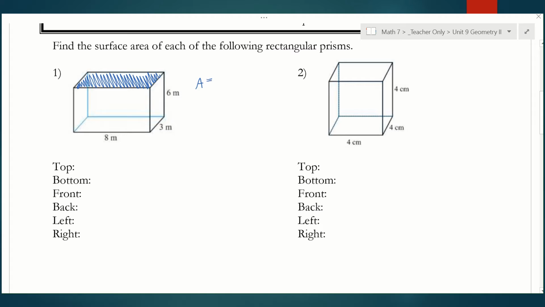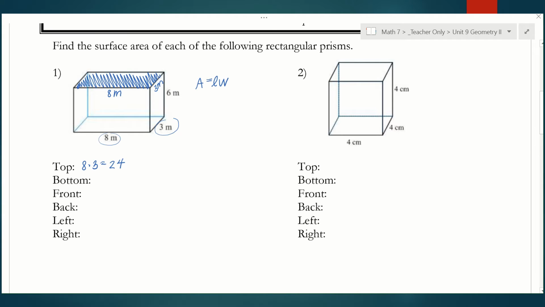So for each face, we're doing length times width. To find the area of the top, I need to figure out the length and the width. Because I know this is 8, this side is also 8. And because I know this is 3, this side is also 3. So the area of the top would just be 8 times 3, or 24.